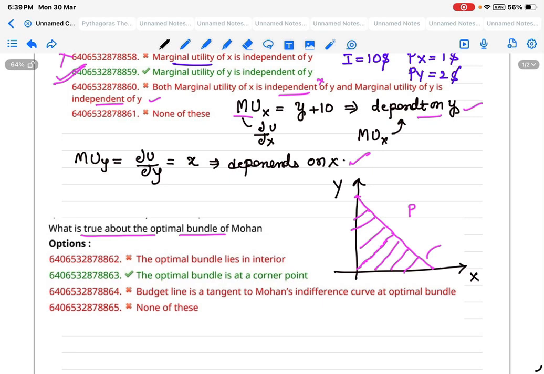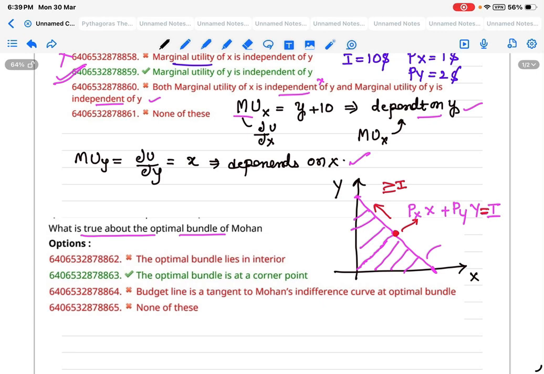The equation of this line is price of good x, px times good x, plus price of good y, py times y, less than or equal to I, the income.